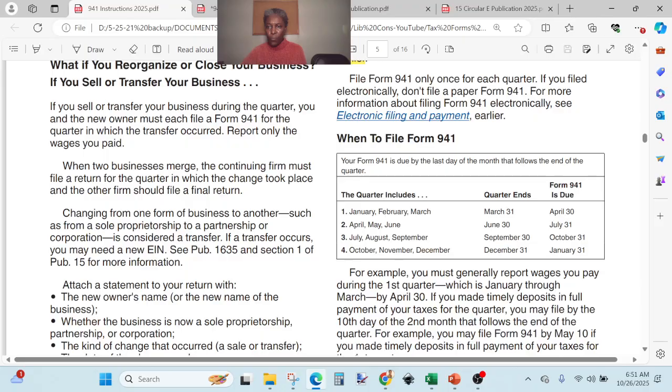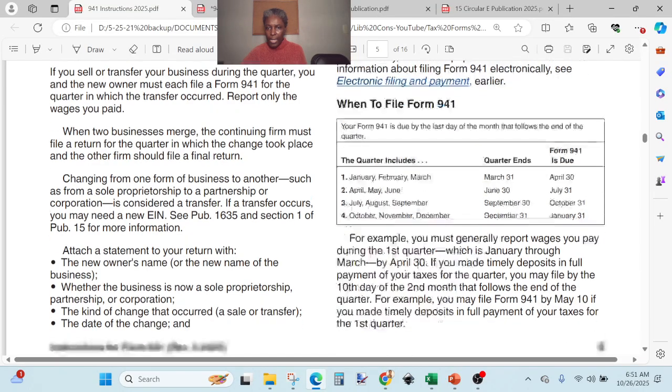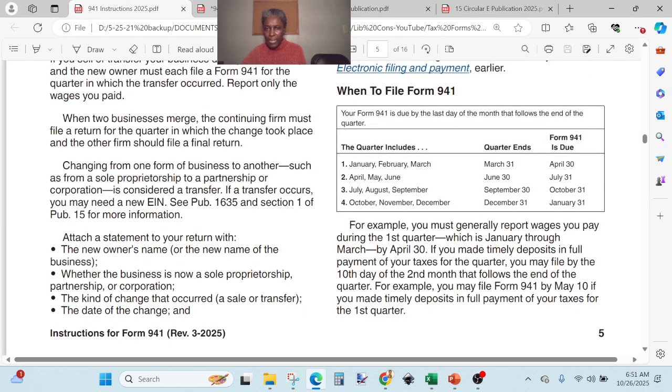So, when to file, they have that, and if the postmark is made by that due date, IRS will consider you filing it on time. But let's double check that.